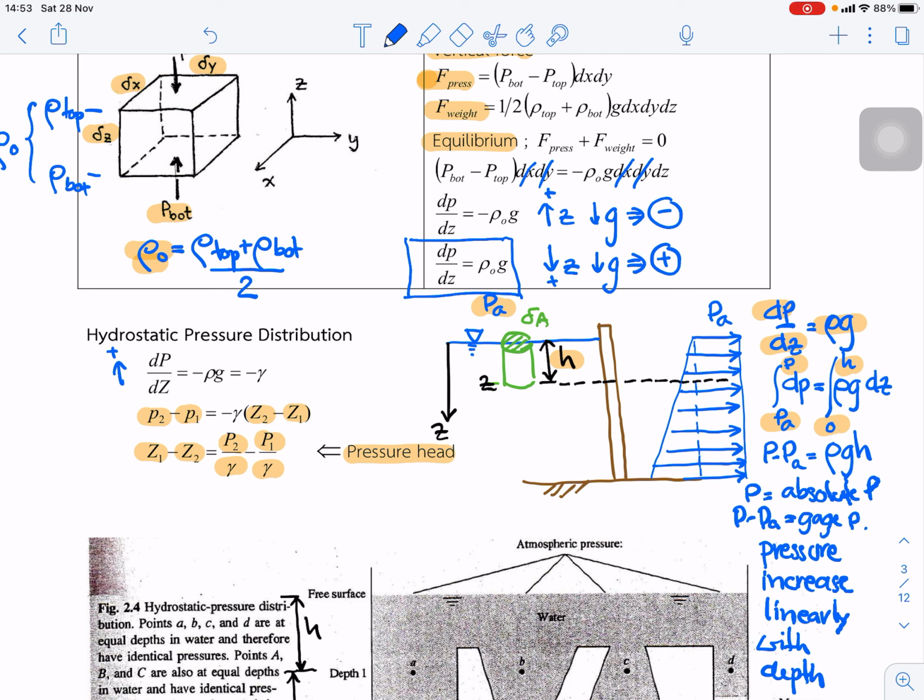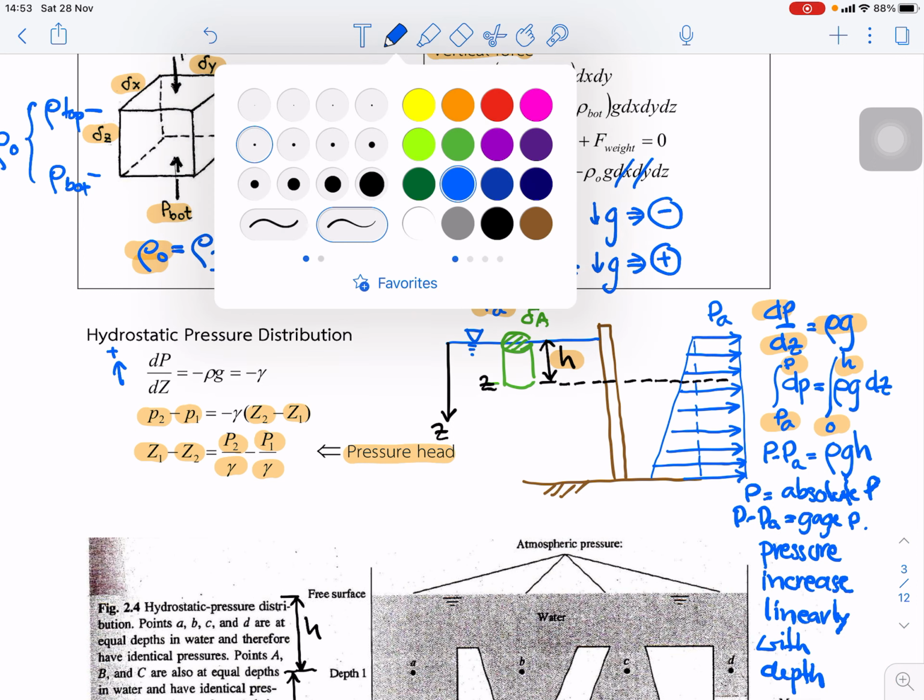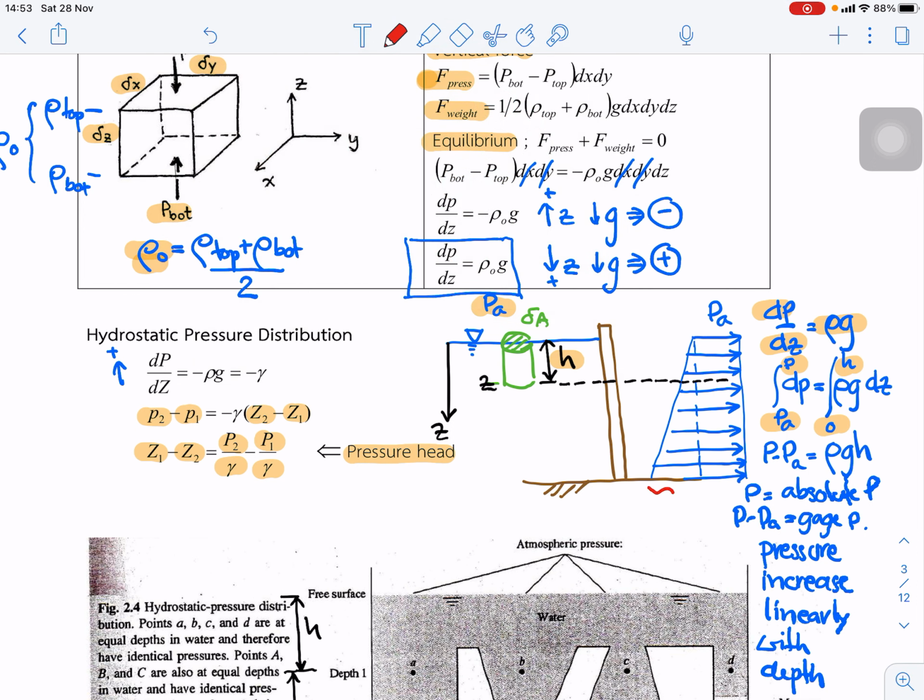And P minus PA is the gauge pressure. Okay, P minus PA equal to rho gh.